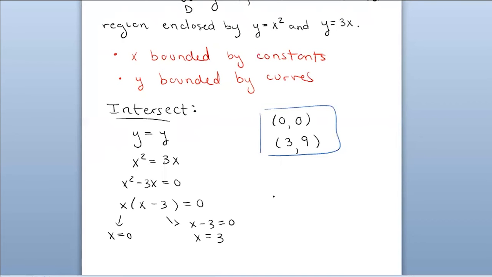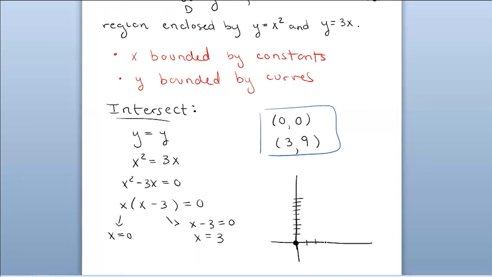And now, like I said, this just helps us get a good sketch. So let's go ahead and sketch this. So I have one point of intersection at 0, 0. And I have the other at 3, 9. So let me count these. That's 9, hopefully.